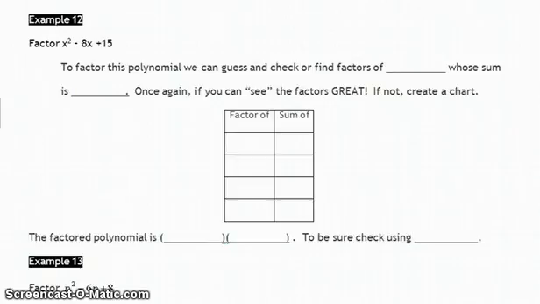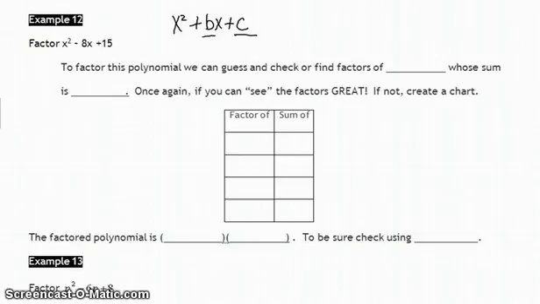Let's look at example 12. We're asked to factor x squared minus 8x plus 15. So our form was x squared plus some number times x plus our constant. So I need to find factors of c that add up to b.